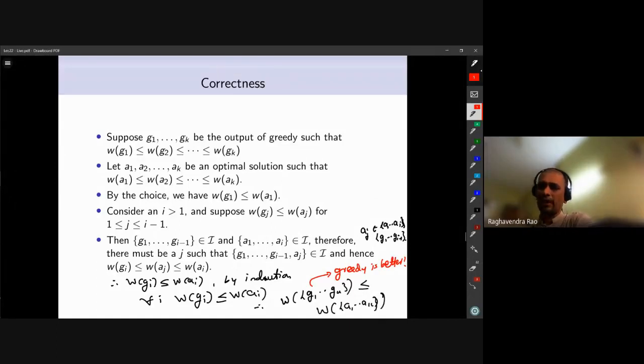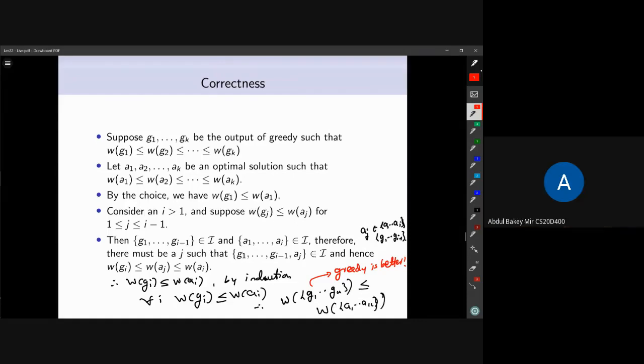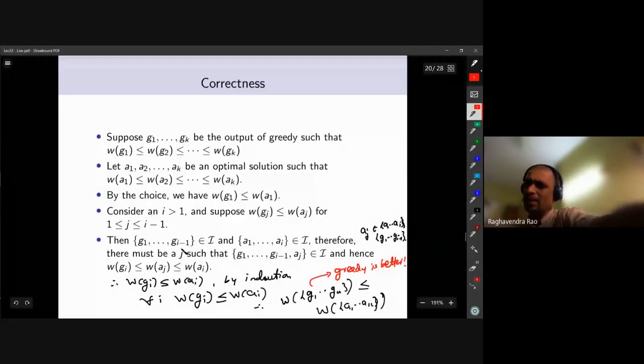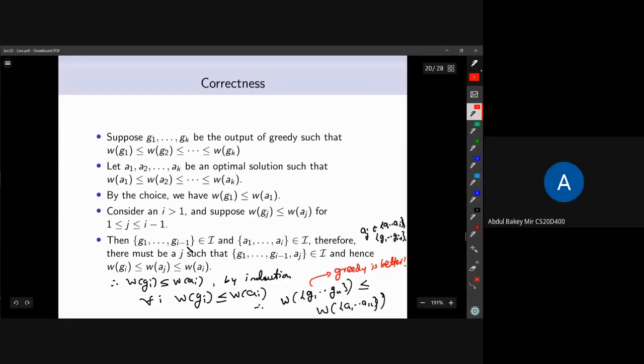There is nothing non-trivial. Is Aj here any potential candidate for Gi, and Ai is the one that is in the optimal solution? No. So see, this independent axiom basically says there is some element which you can add, because the cardinality of A1 to Ai is one more than cardinality of G1 to Gi minus 1. So what I'm saying is that Aj is a potential candidate that we can pick for Gi.